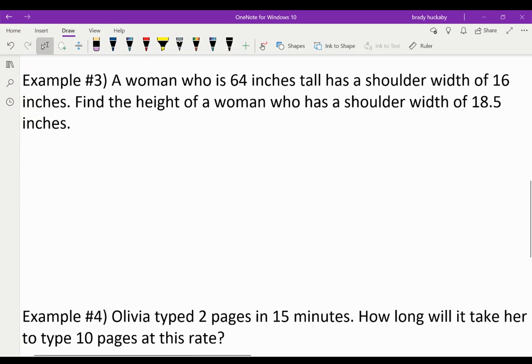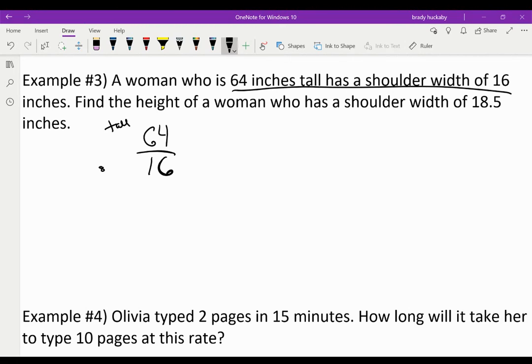All right, example 3. Go ahead and write that one down. A woman who is 64 inches tall has a shoulder width of 16 inches. So 64 over 16. Now they're both inches, but this is how tall she is. This is her shoulder width. I want to find the height of a woman that has a shoulder width of 18.5.